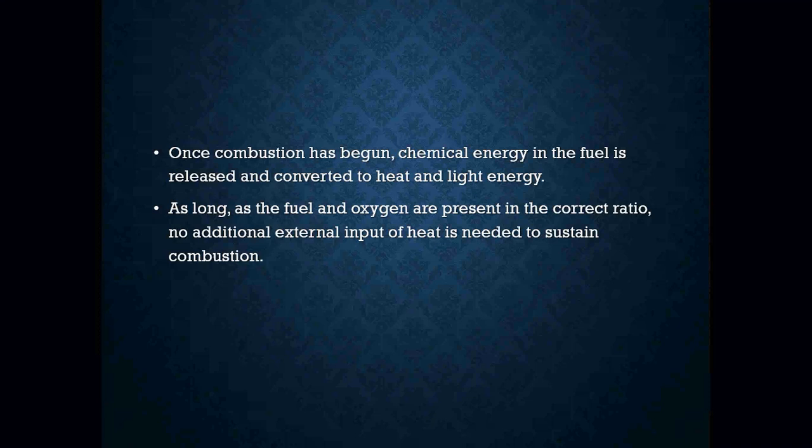So again, back to that combustion triangle. All three of those elements have to be correct in order for us to achieve complete combustion. I have to have the correct amount of gas, the correct amount of air, and the correct temperature in order to ignite my fuel gas.